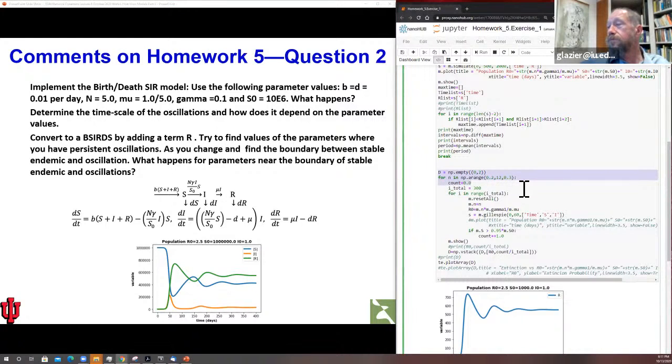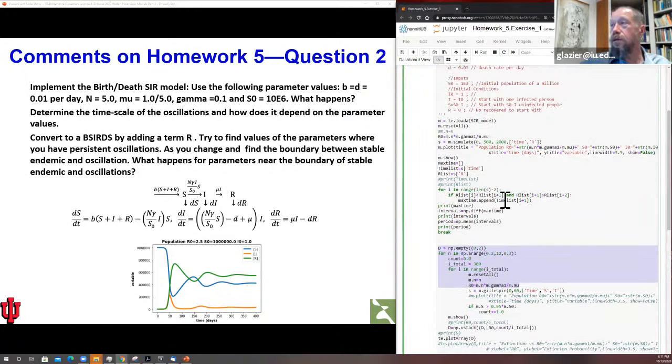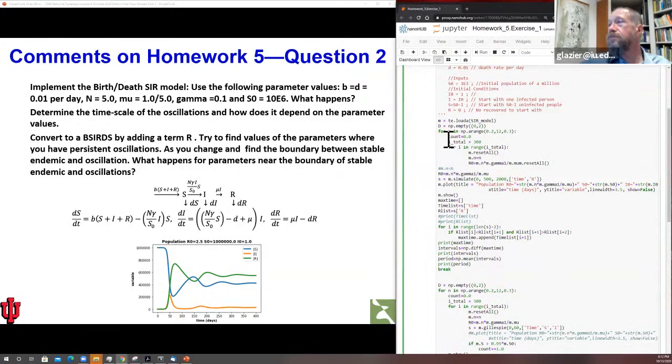Let's change R naught. Let's see how it depends on R naught. So I'll grab the code that I wrote before, and I will wrap everything here in that code. So I'll do for R naught in arange.